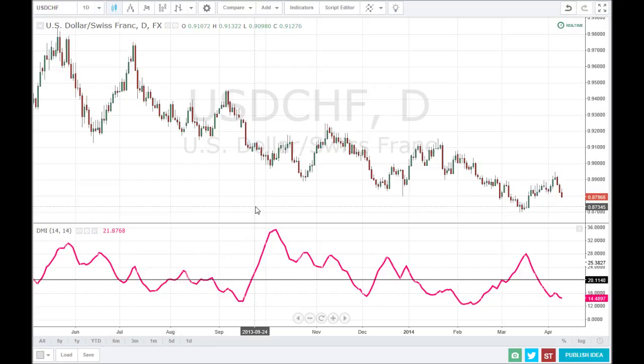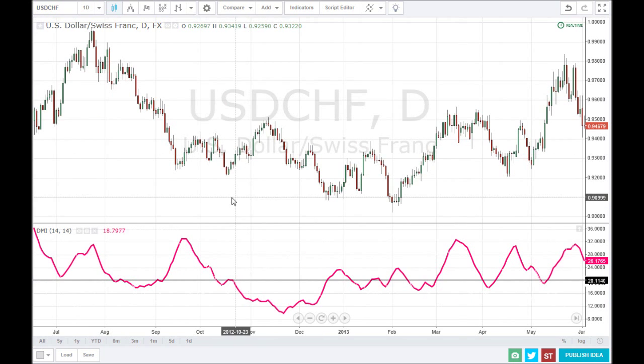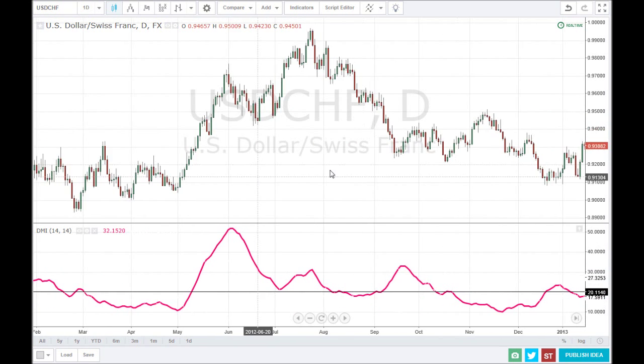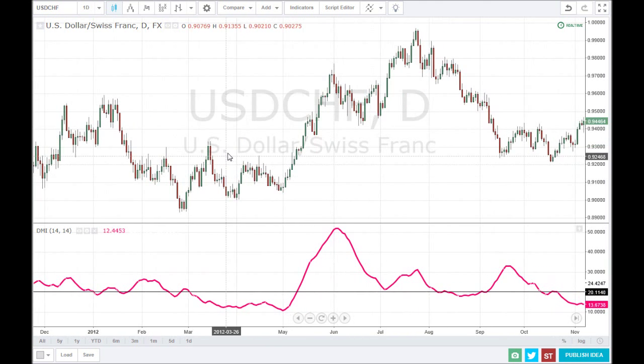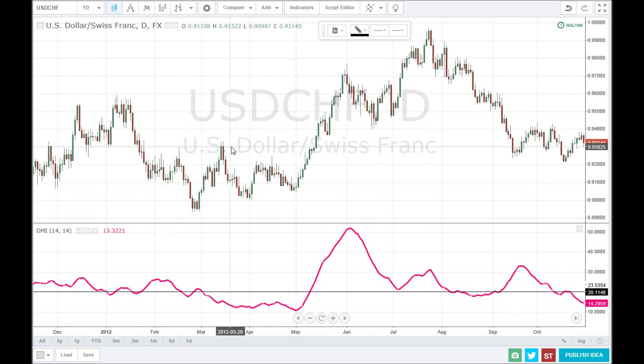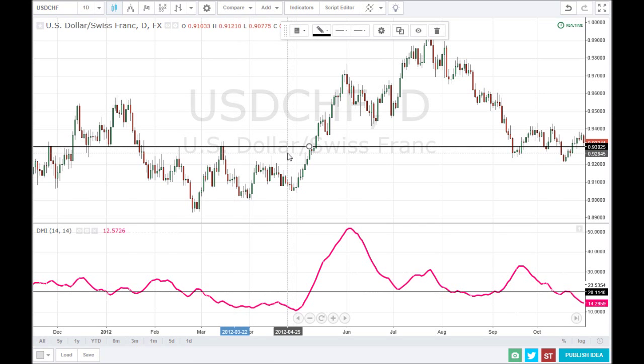And let me demonstrate this by staying on this chart. This is the US dollar Swiss franc daily chart. If we go back and spot a range like here, down the bottom here, bring up some horizontal lines. So one there, and then one down here.